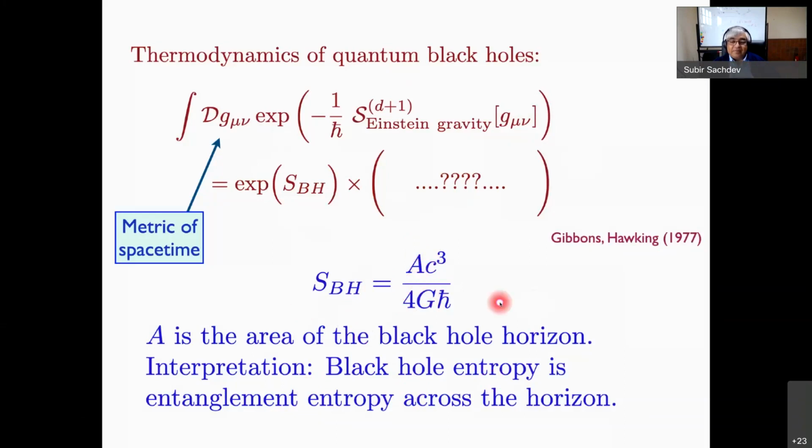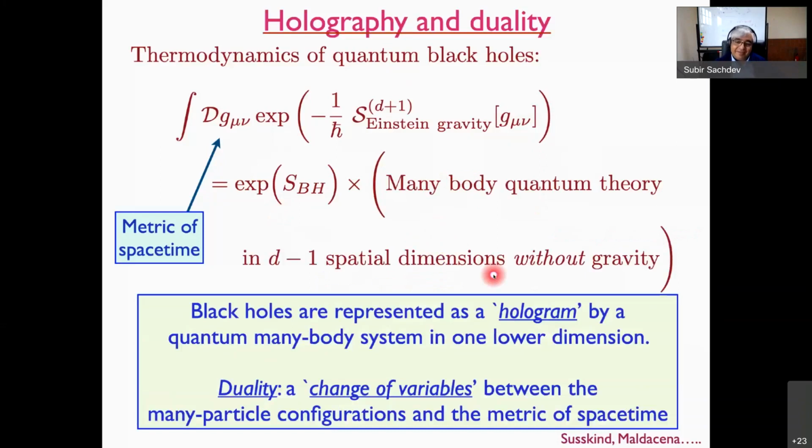All right. So, but how do we go beyond this Gibbons-Hawking result? String theorists have learned how to do this and make sense of this, but only in the context of essentially supersymmetric theories of gravity, by the general idea of holography. So the idea there is that you can represent black holes, because they have an entropy proportional to the area, as a hologram, which lives in one lower dimension.